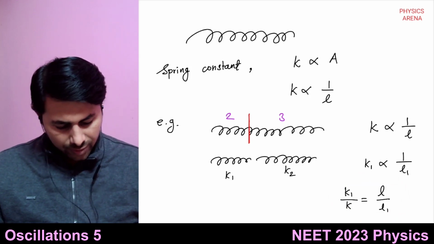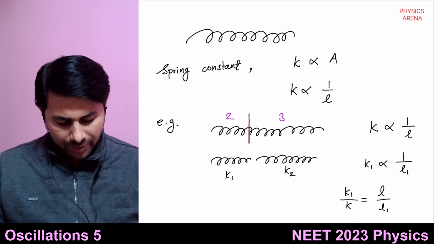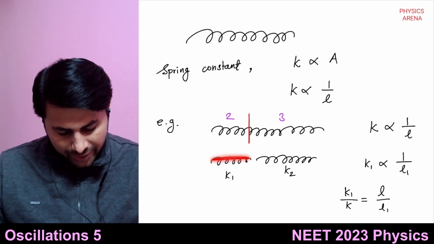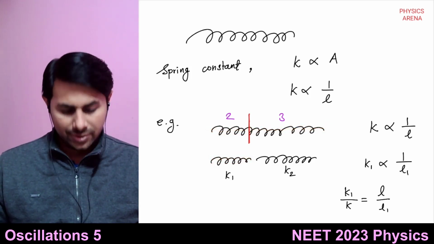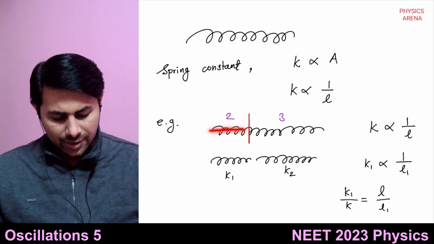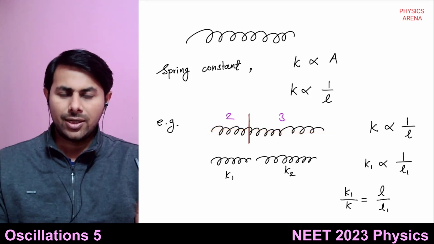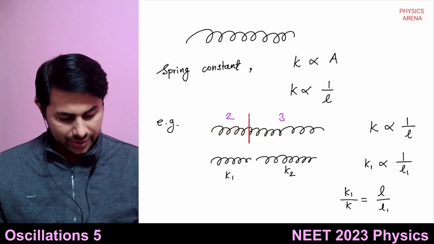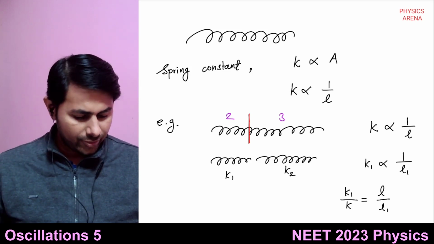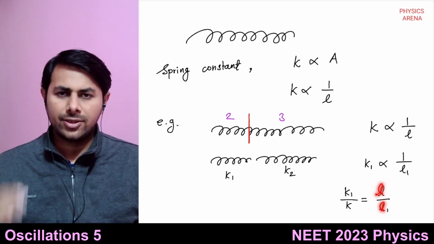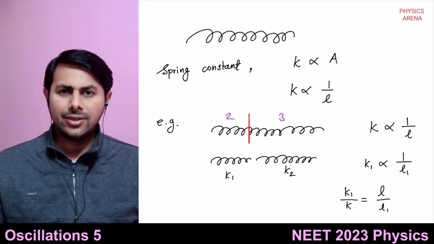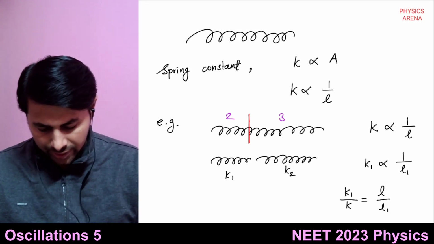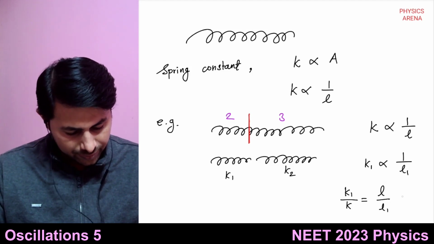So what is the ratio of the lengths L1 and L? This is 2 parts, this is 3 parts, so the total length is 5 parts. So L1 upon L is 2 is to 5, and L upon L1 is 5 is to 2.